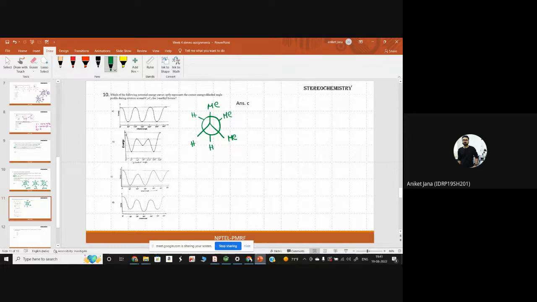Is this eclipsed or staggered? The starting point where we start the conformational analysis energy profile diagram. Sir, it is eclipsed. Eclipsed. It is eclipsed, and then it is.